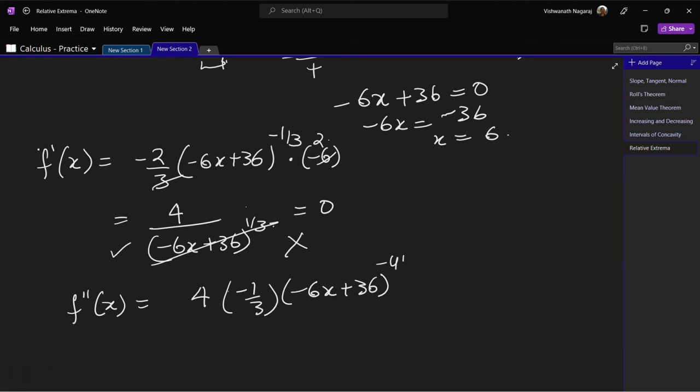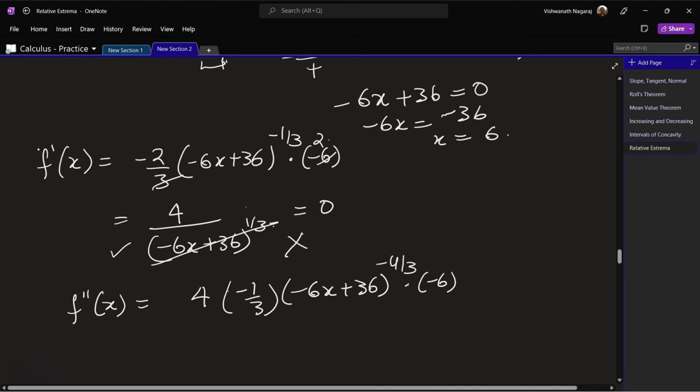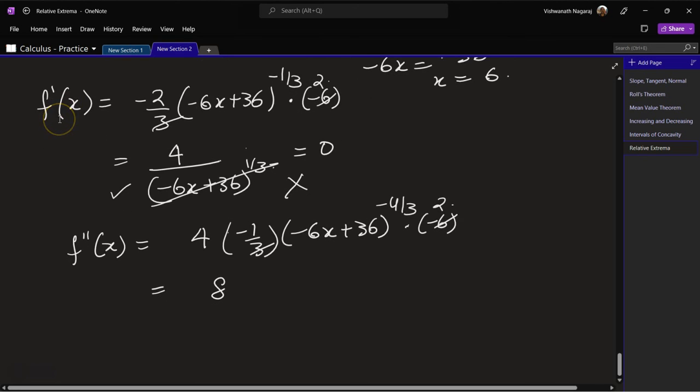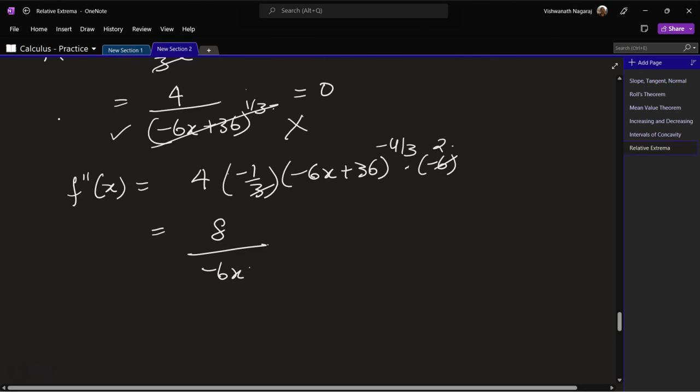That means minus 4 by 3 times minus 6. So 3 twos, minus into minus plus, 4 twos 8, right? So this would be 8 by minus 6x plus 36 to the power of 4 by 3.